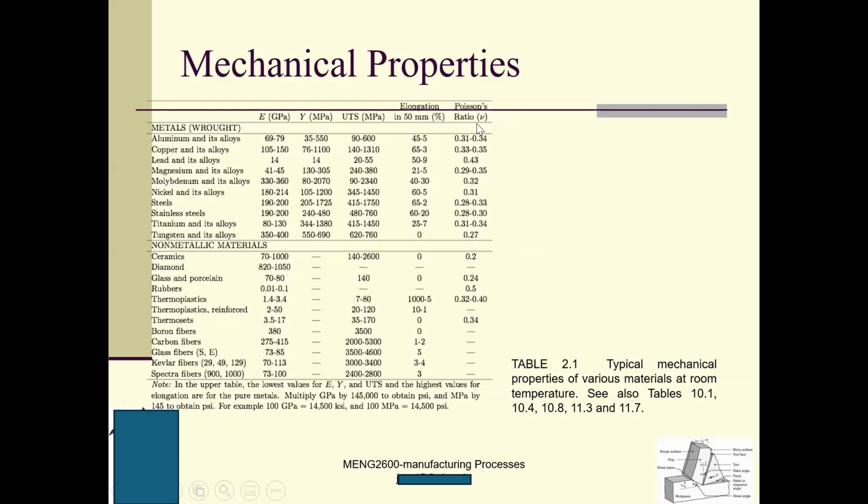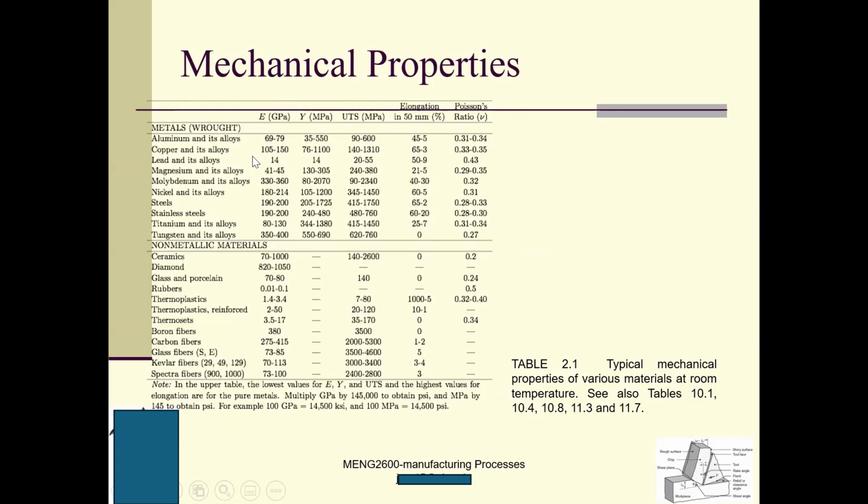These are the basic mechanical properties we need to know whenever we select raw materials for our manufacturing processes. Young's modulus, yield strength, and Poisson's ratio are the most important three parameters.